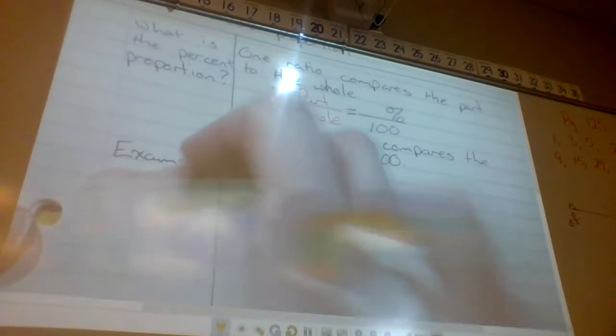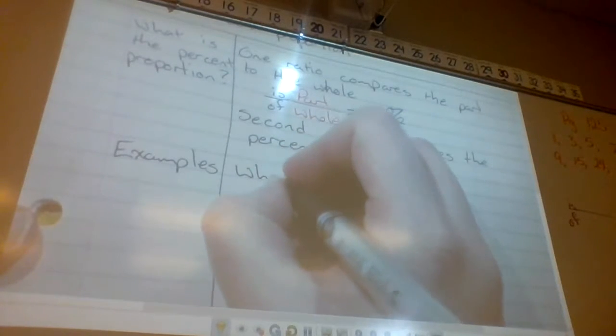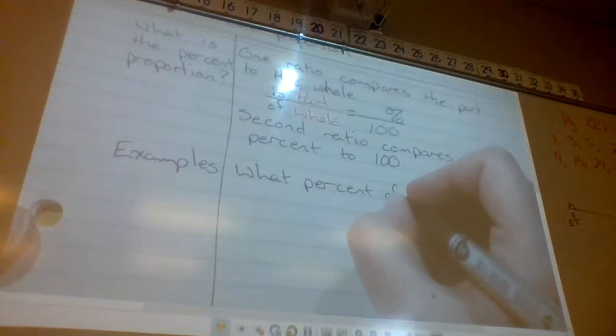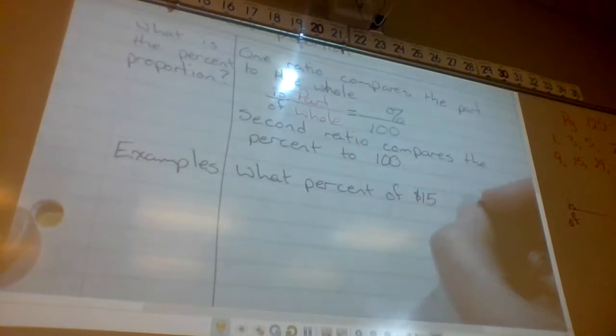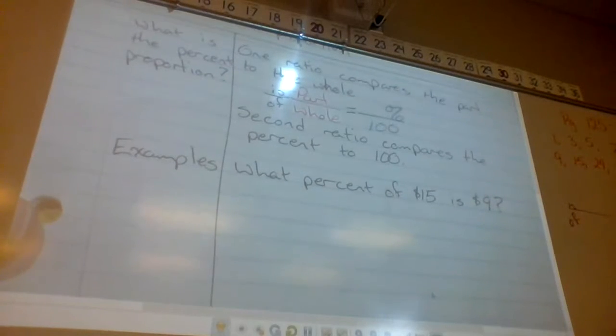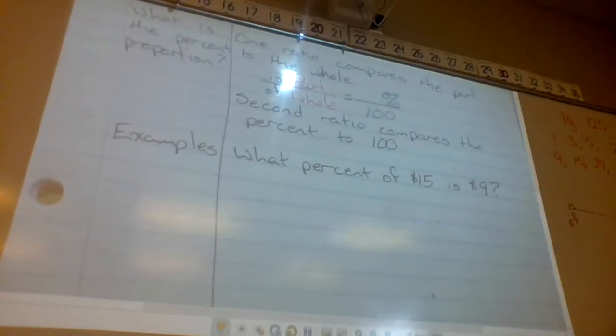Example. Our first example is going to be: what percent of $15 is $9? We are going to be very, very colorful today, and I want you to have 3 different colored highlighters.